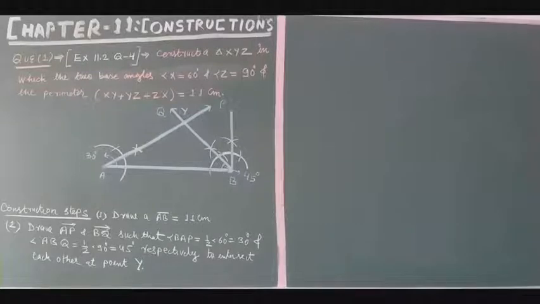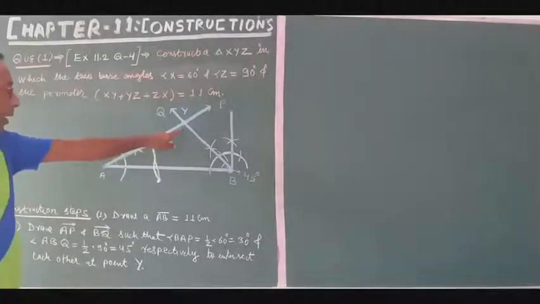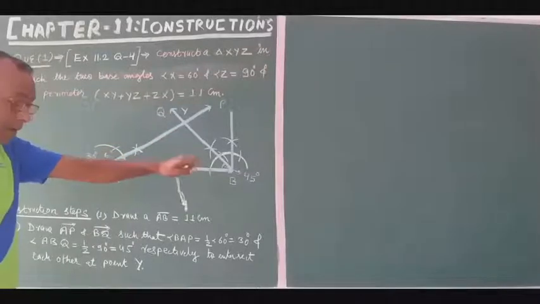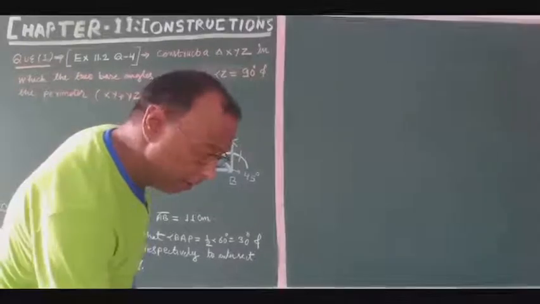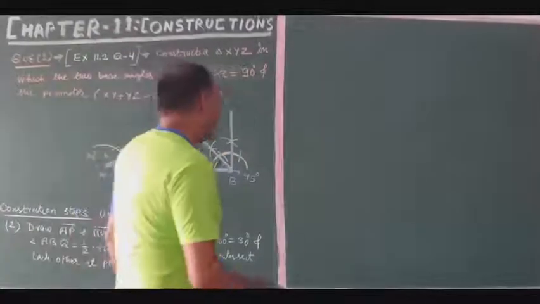Now we will do the perpendicular bisectors of AY and BY. So just look here. What is our step number 3?